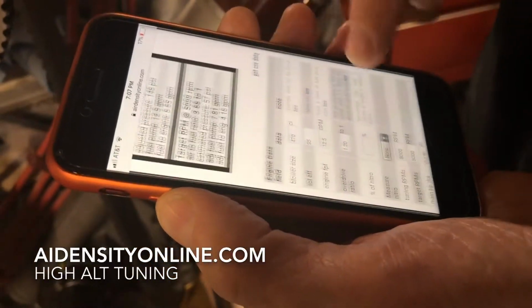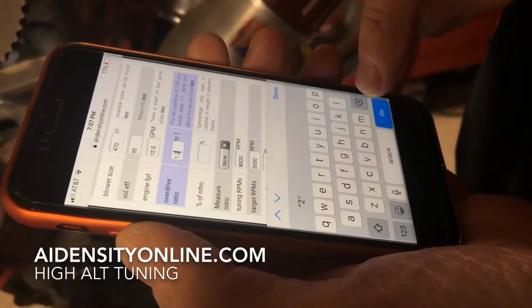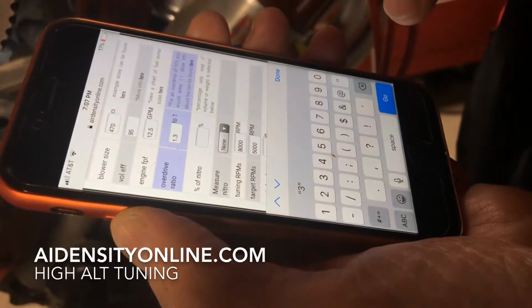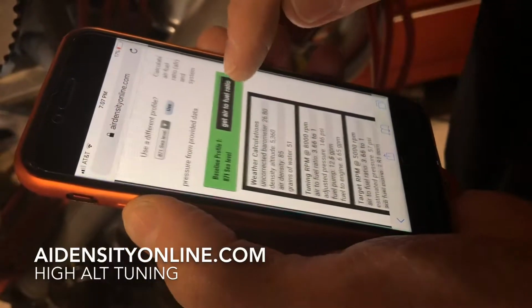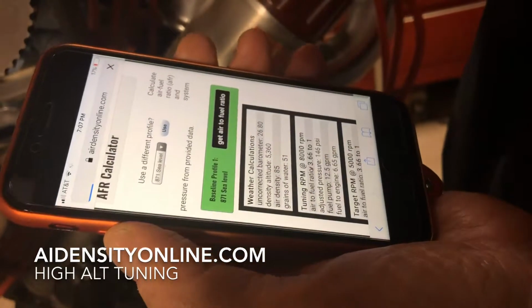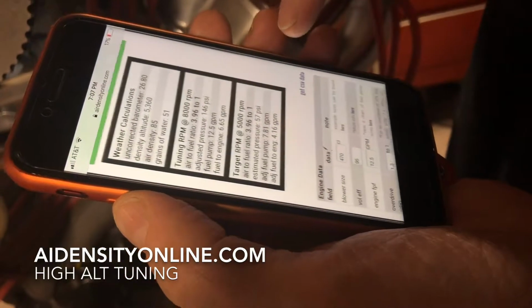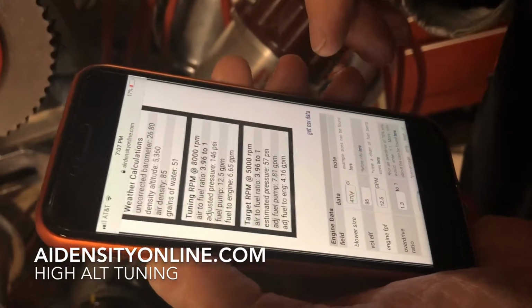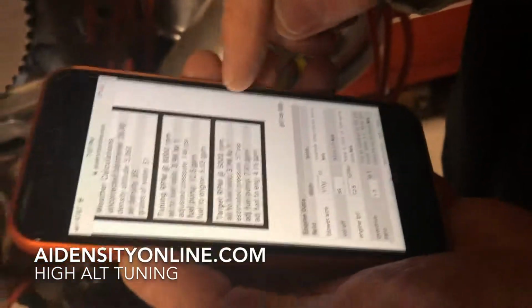What I'm going to do is increase the blower overdrive to 30%. And that takes me to 3.96 air-to-fuel ratio, so that's too much. So let's go to 25%.